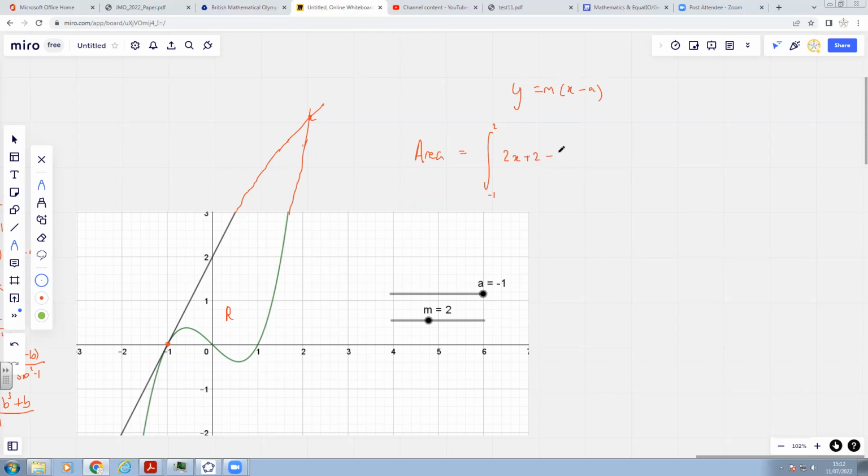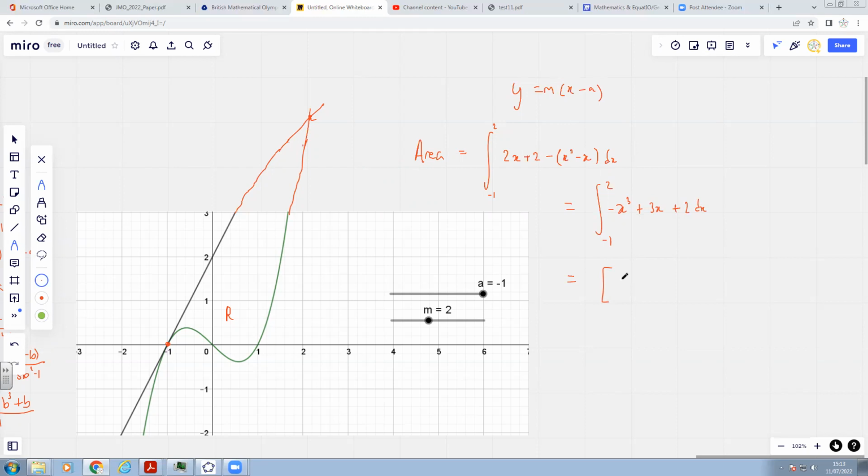And I'm going to take away from that the bottom curve, which is x cubed minus x, with respect to x. Simplify it first. We're going to get minus x cubed. 2x plus x is plus 3x. And then plus 2.